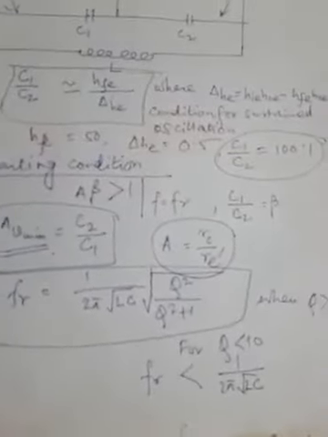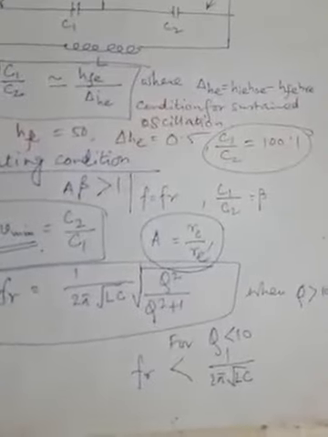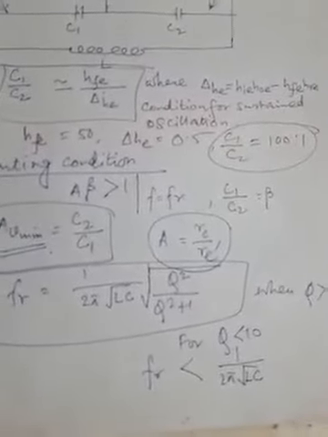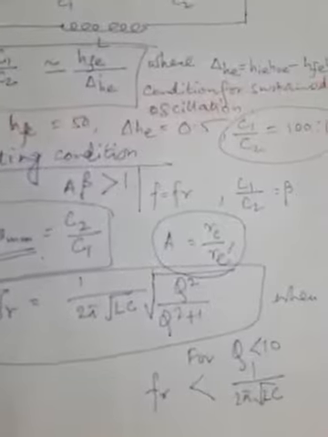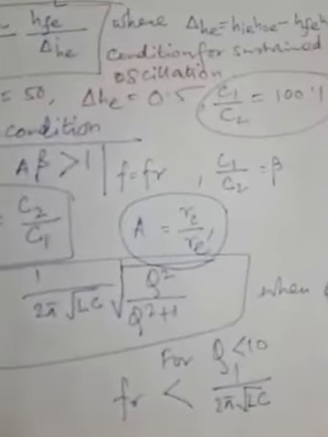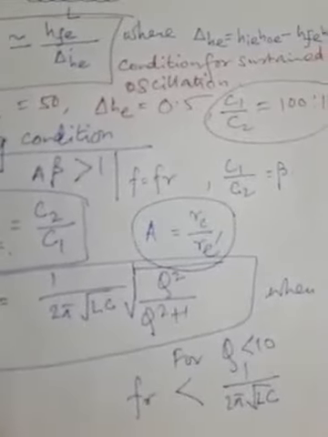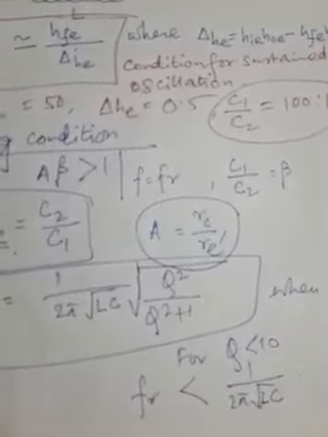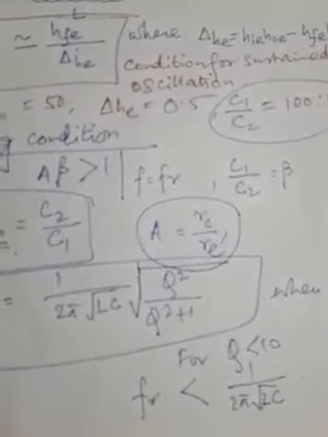So for very low values of Q, which is not so beneficial for the operation of the oscillator, the frequency of oscillation will be less than the general value of 1 by 2 pi root over LC. And a low Q may prevent the oscillator from starting also.